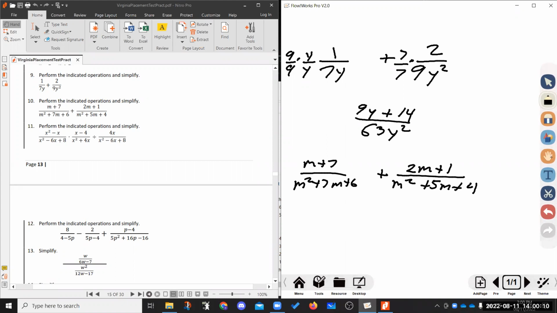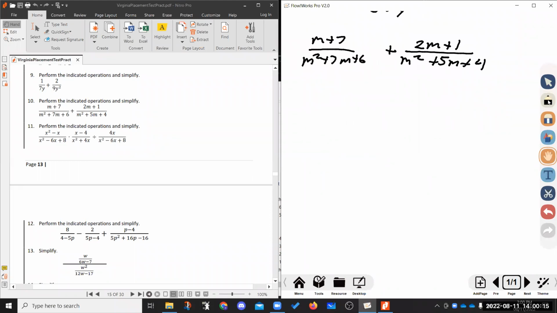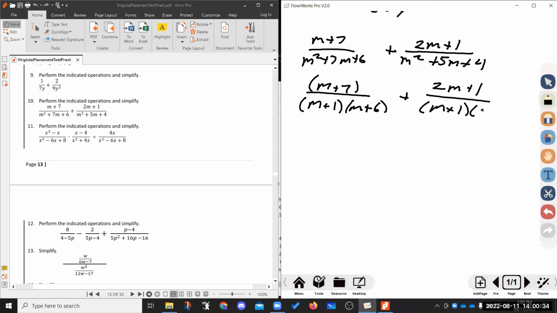Notice those denominators are different, so I'm going to have to factor them to let me see what the LCD is going to be. Maybe there's a repeating factor, maybe there's not. This is going to be m plus 1 times m plus 6. This is going to be 2m plus 1 over m plus 1 times m plus 4.